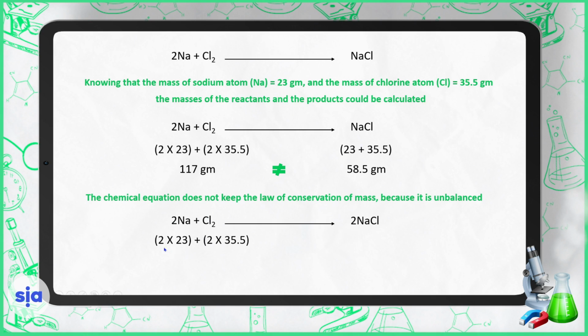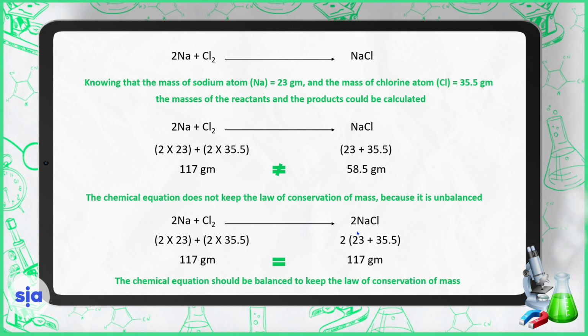Let's calculate it together. 2 times 23 plus 2 times 35.5 on the left side, and 2 times 23 plus 35.5 on the right side. This is equal to 117 grams on both sides. Now this equation keeps the law of conservation of mass.